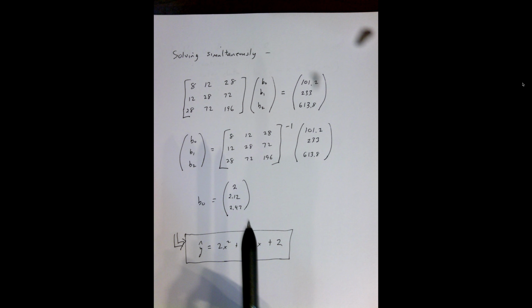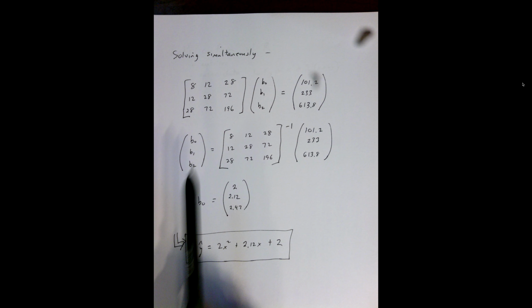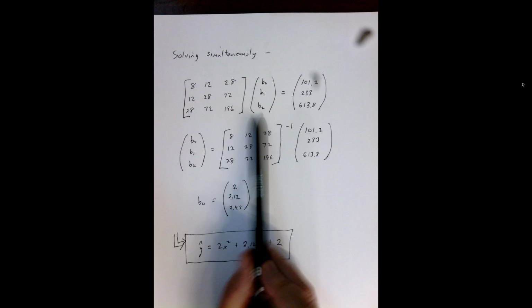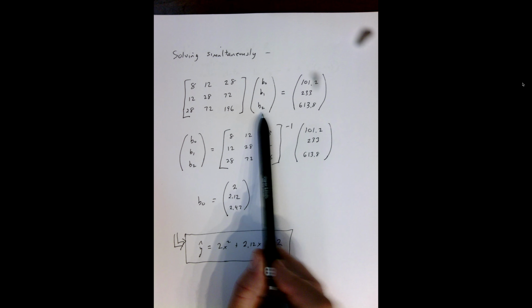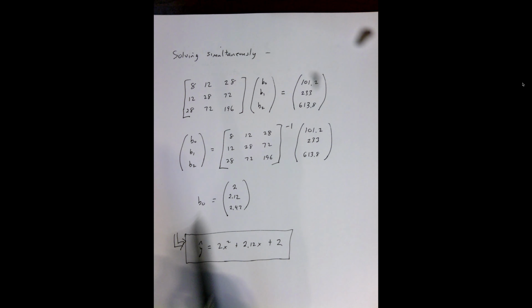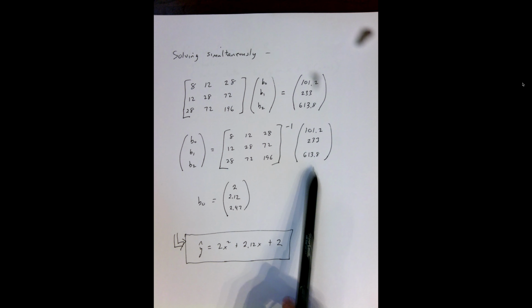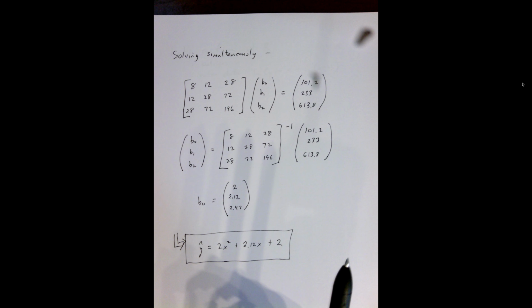Next thing we're going to do is solve simultaneously. So we're going to set up a matrix, 3 by 3 times the beta matrix will equal our coefficient matrix. So we solve that by taking the inverse times the matrix to the right.